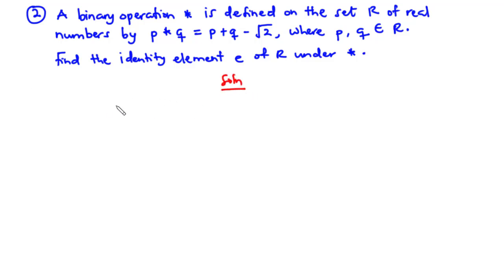So like we did in the previous question, P star E equals E star P, which is equal to P. So now using this binary operation, our k becomes E. So we have P star E, which is equal to P plus E minus root 2, and that is equal to P.